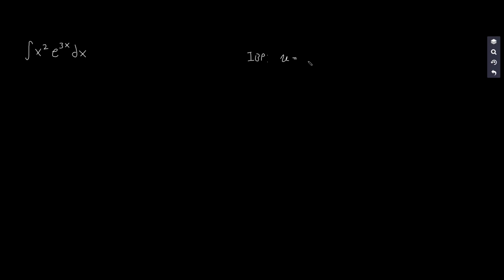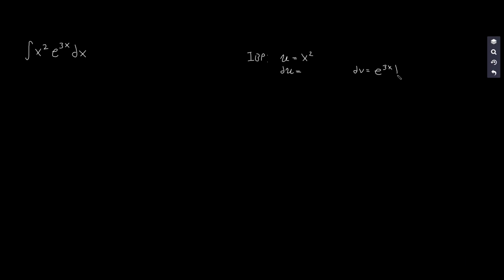So u is going to be x squared, and then dv is going to be e raised to the power of 3 times x dx.